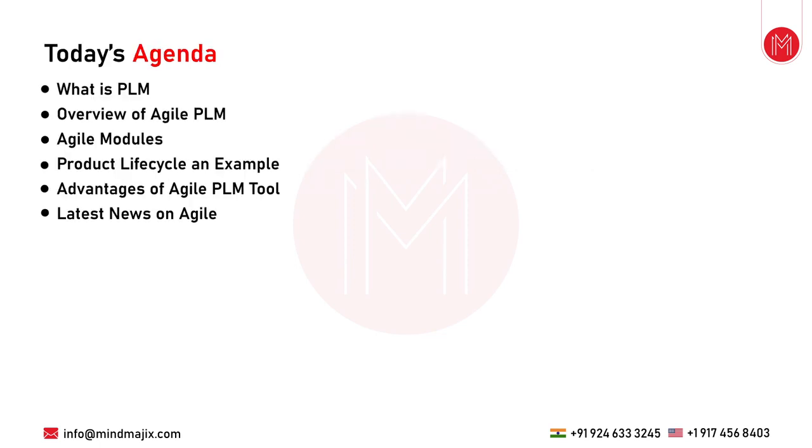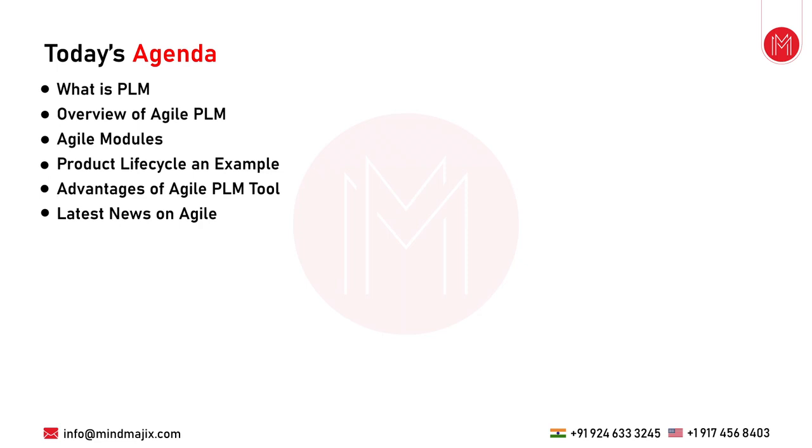The agenda: we will discuss what PLM is and what the overview of Agile PLM is. These are two different sections which differ by certain aspects that are very important to focus on in product lifecycle management.